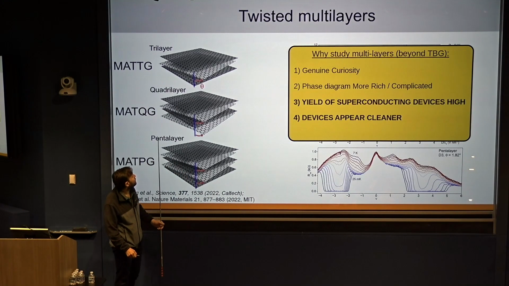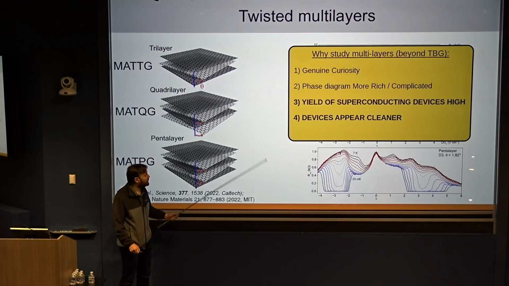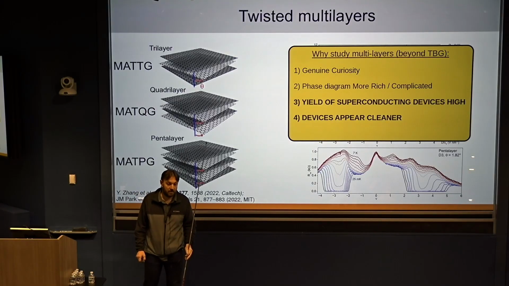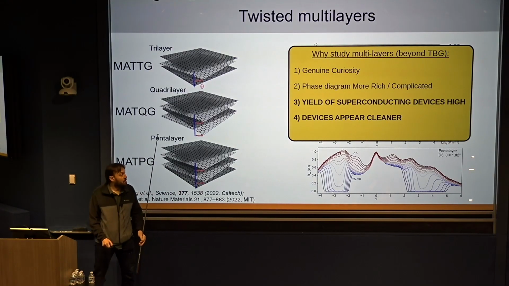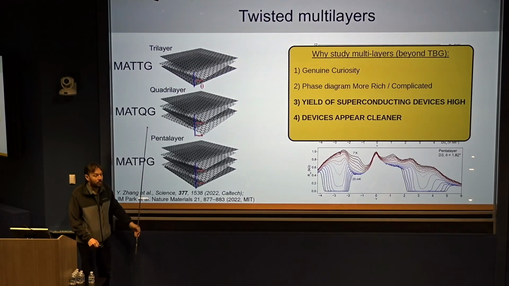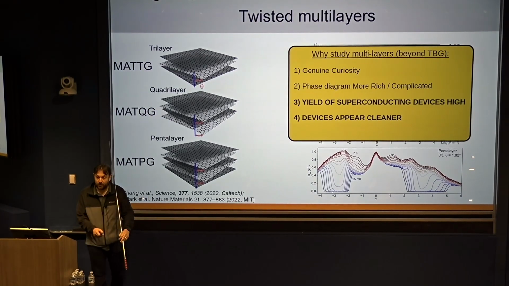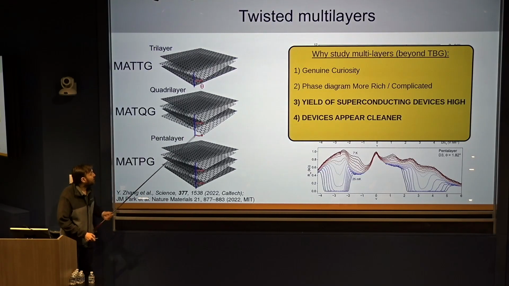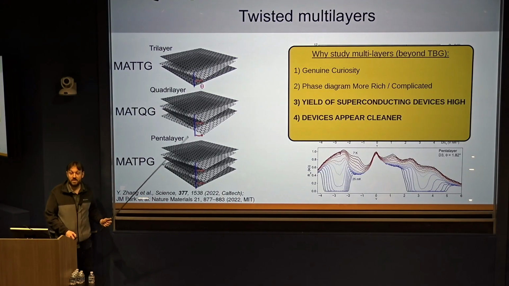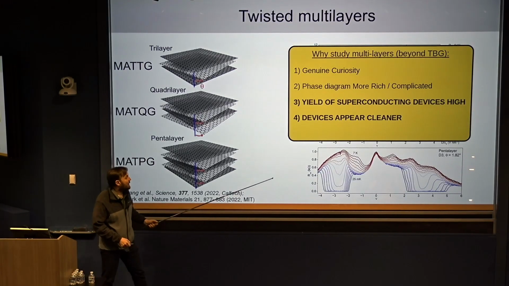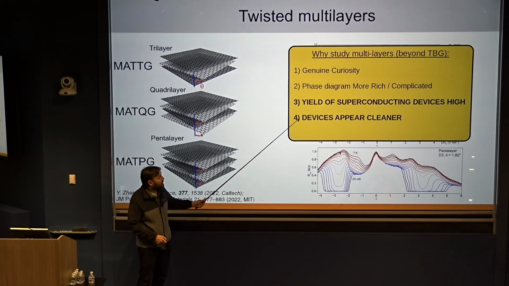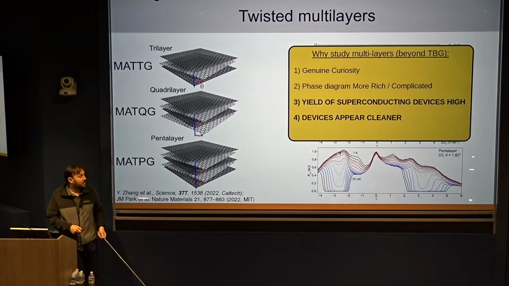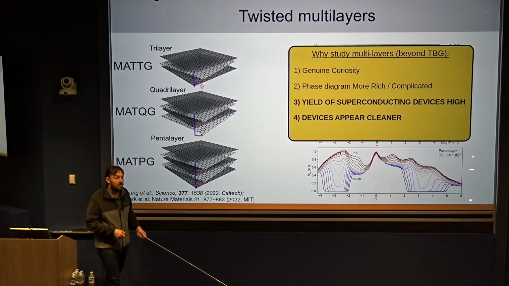And in contrast, for all these devices, if you go to 3, 4, or 5 layers, the yield is nearly 100%. So essentially, because you're stacking more layers, there's more room for errors in terms of twist angle and things like that. But somehow the system is more resilient to these errors. And overall disorder seems to be either less in a sample or less relevant for transport measurements.